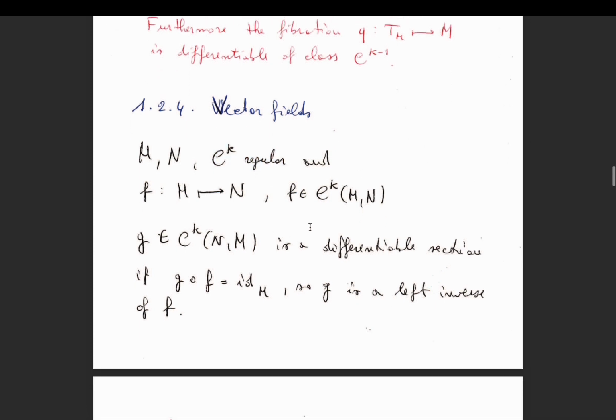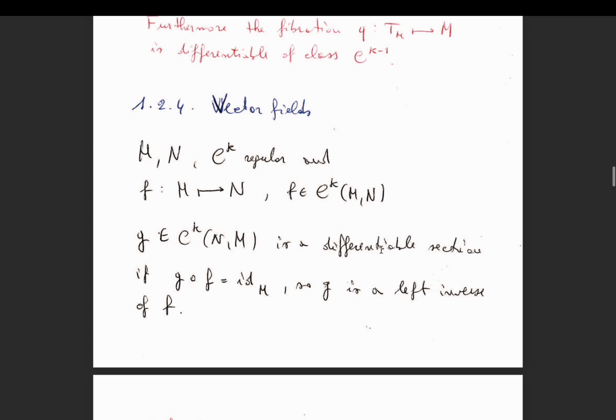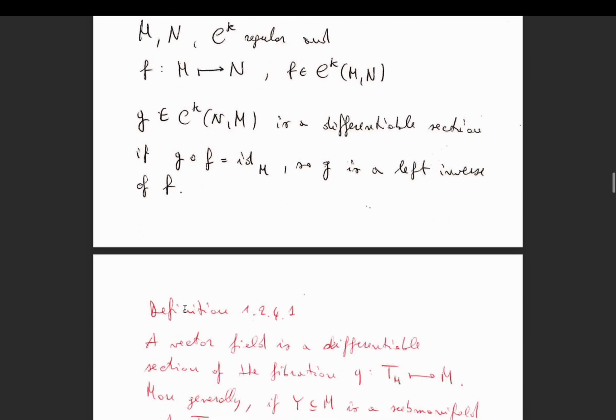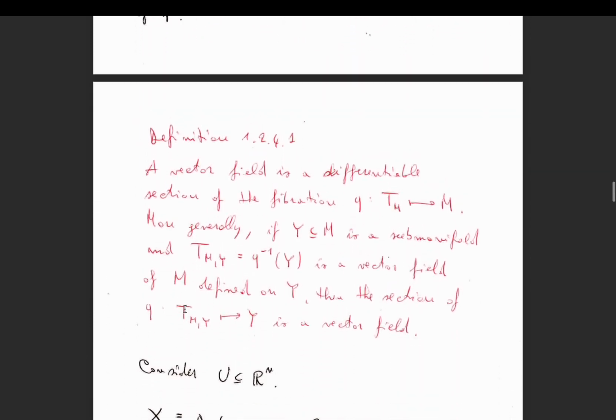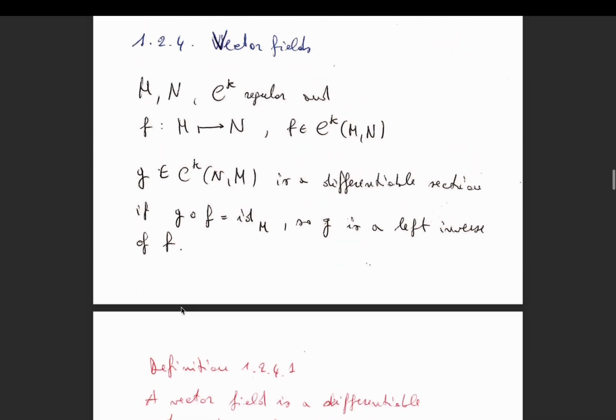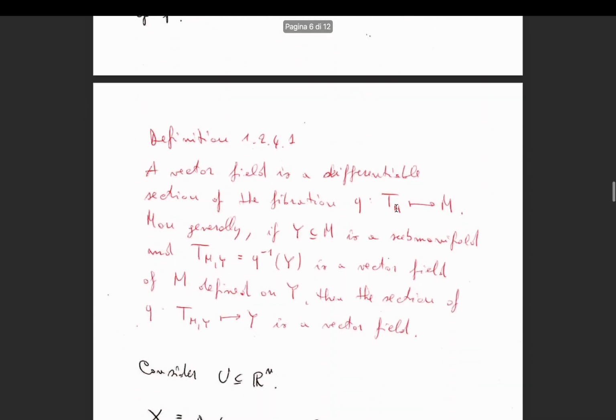We say that g from N to M is a differentiable section of f, just in case g composed with f is equal to the identity of M. In this way, given the tangent bundle TM of a differentiable manifold M and the fibration Q from TM into M, a vector field is by definition a differentiable section of the fibration Q.